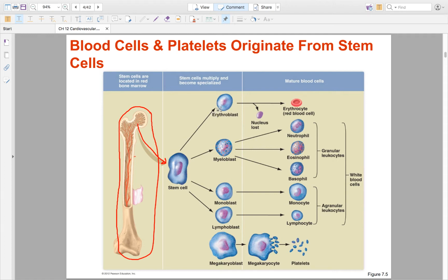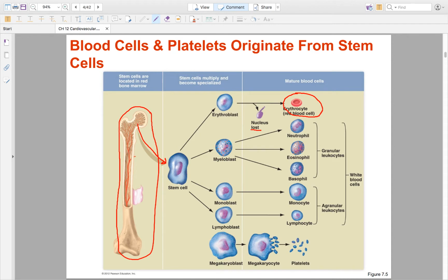Notice that it actually has a nucleus at this point, and as it becomes mature, the nucleus gets kicked off, and then we have our erythrocyte, which is a mature red blood cell with no nucleus. These are one of the only cells in your body that do not carry your entire genome because the nucleus is kicked off.